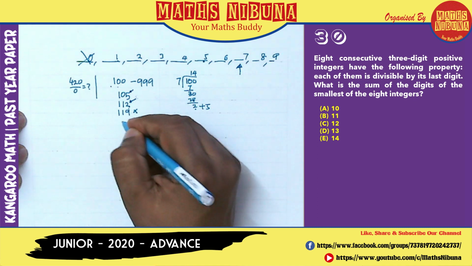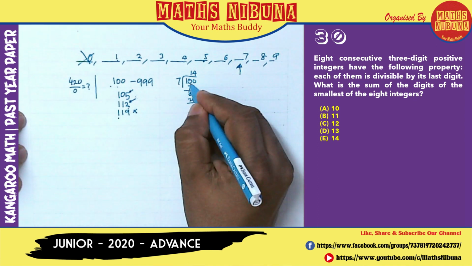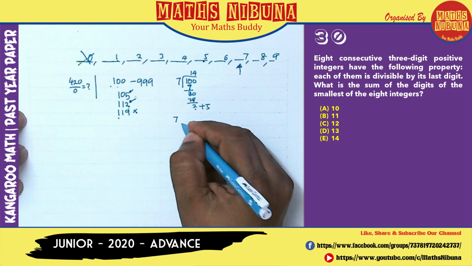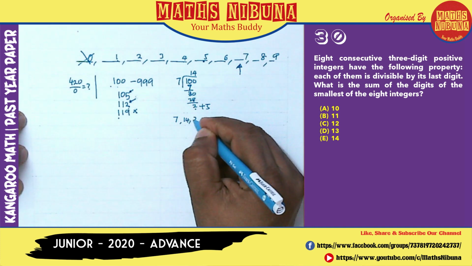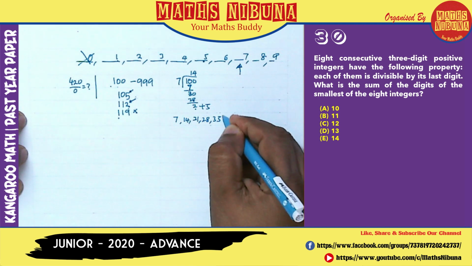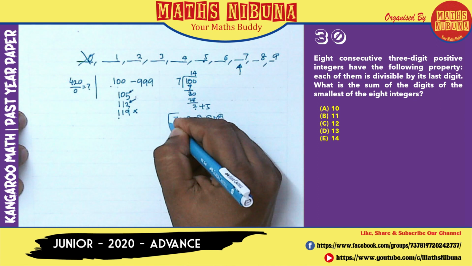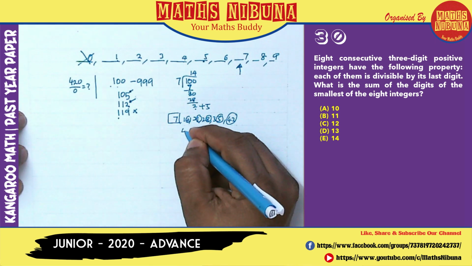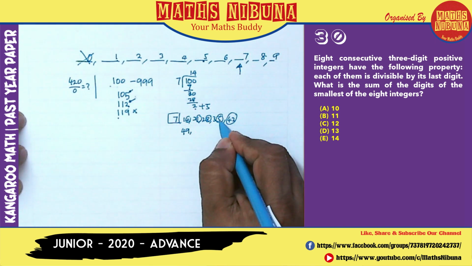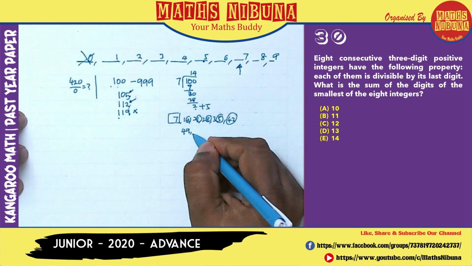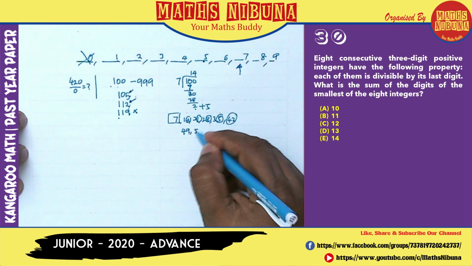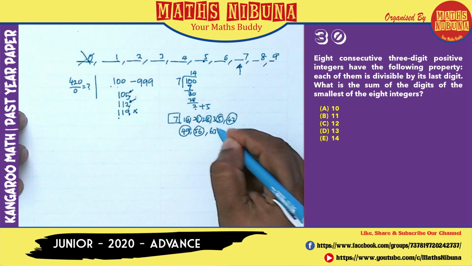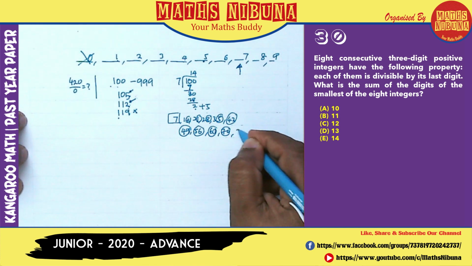We know the 7 times table: 7, 14, 21, 28, 35, 42, 49, 56, 63, 70, and the next is 77. Only 7 has last digit 7.